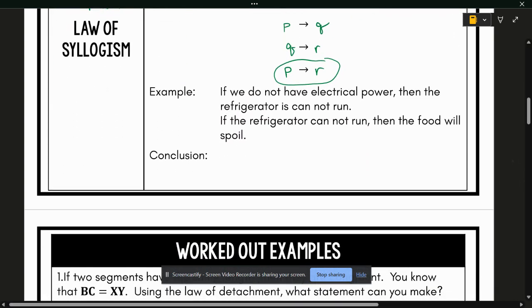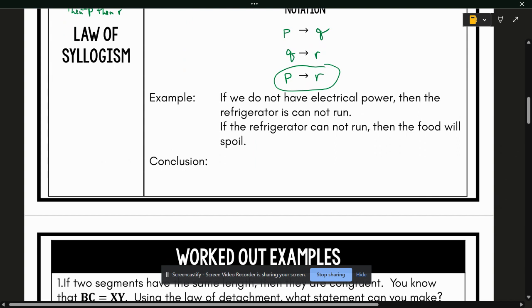So here's an example. If we do not have electrical power, then the refrigerator cannot run. If the refrigerator cannot run, then the food will spoil. So if we do not have electrical power, then the food will spoil.